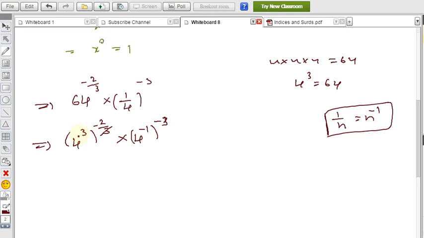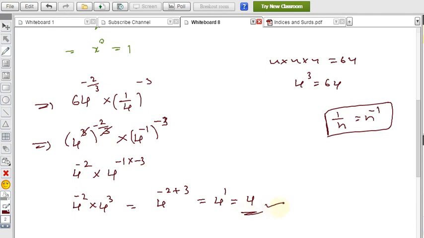Now here the denominator 3 and 3 get cancelled. 4 power minus 2, 4 to the power minus 1 into minus 3. Again what formula am I applying? a power m whole power n is a power mn. So 4 to the power minus 2 into 4 to the power plus 3. Then again a power m into a power n formula I apply. That is 4 to the power minus 2 plus 3. So 4 to the power 1. Finally the answer is 4.